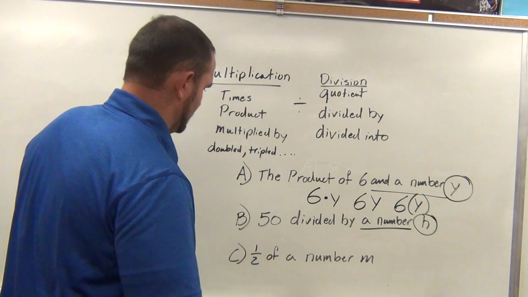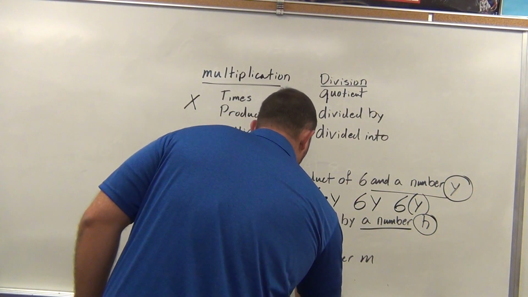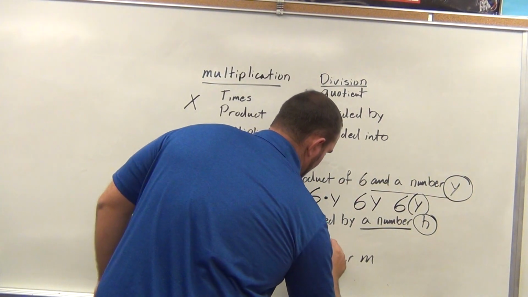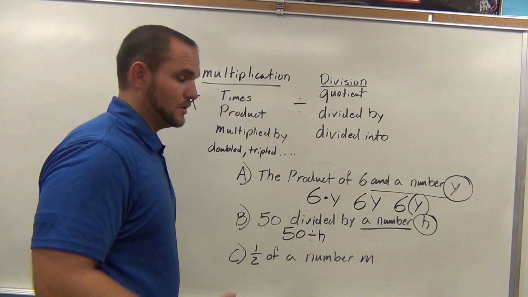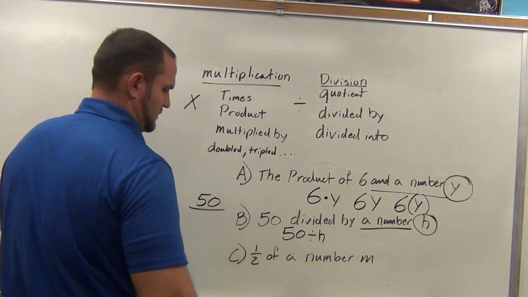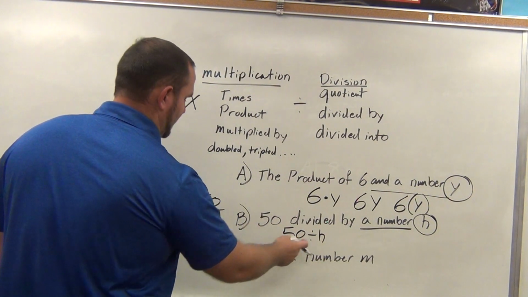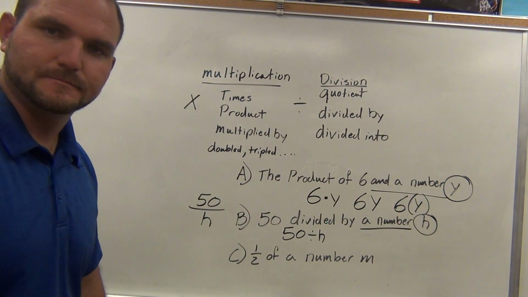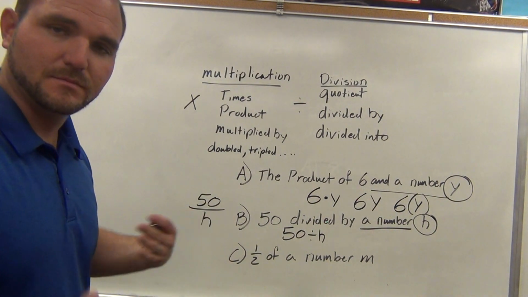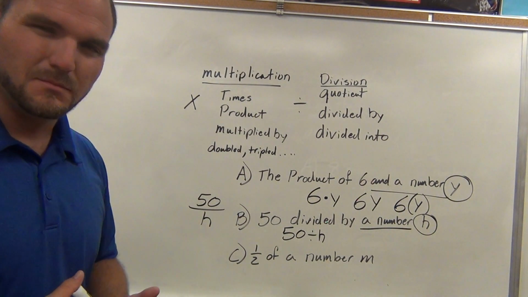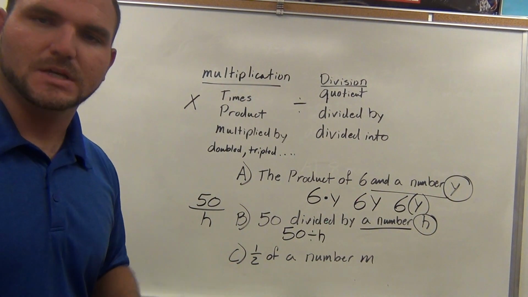We could say 50 and then your division symbol and then h. You could do that. You could also do 50 over h, which is divided by h. You could do something like that. Either one to me is just fine. Depending on what your teacher says, you might do it a little different, but they should take both.